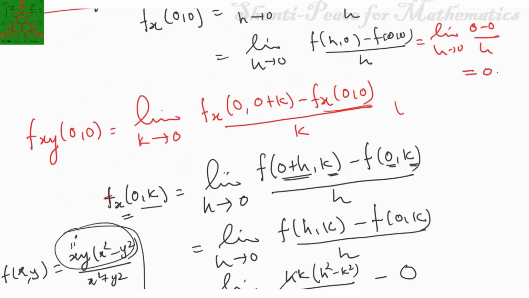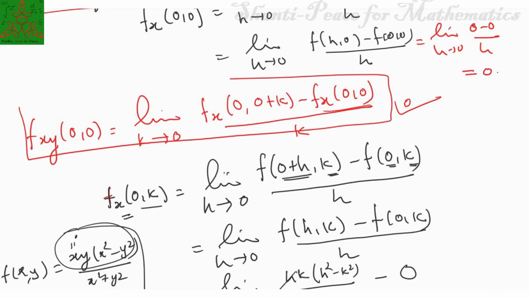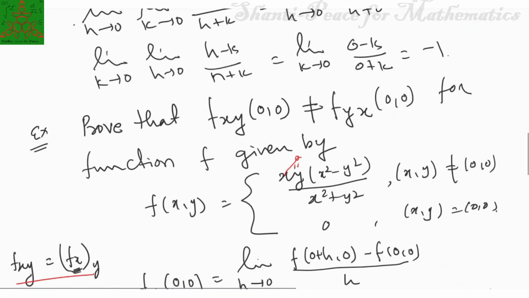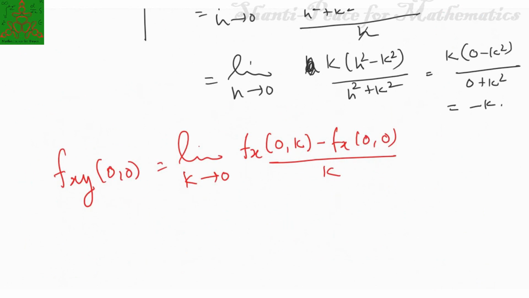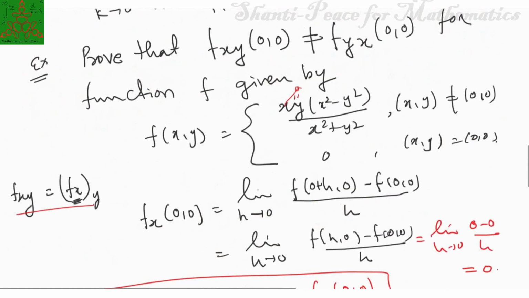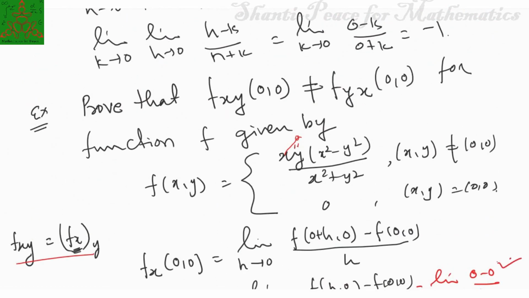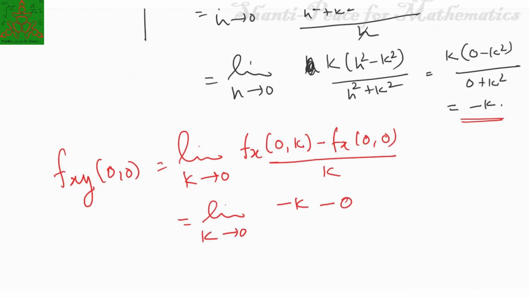I have written exactly the same expression that we have obtained here. And f_x at (0,k) that we calculated is -k, so it is the limit as k tends to 0 of (-k)/k. f_x at (0,0) we calculated is 0, so that is 0 upon k, and this is the limit as k tends to 0 of -1.